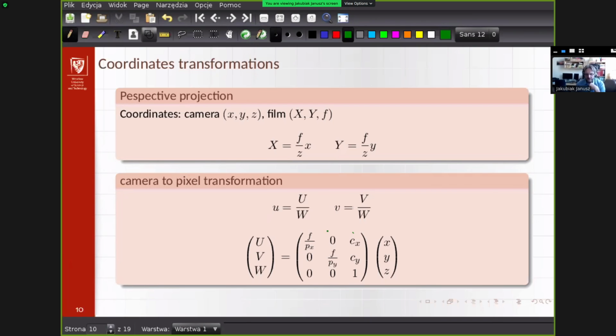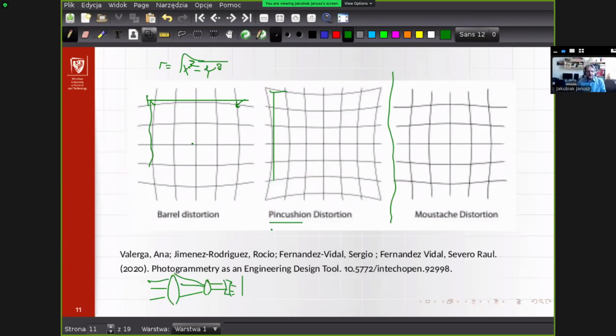So you just scale the distance through some constant matrix to get the image. When the distortion appears, the transformation is no longer linear. Some quadratic elements need to be included, or higher order elements can appear as well.